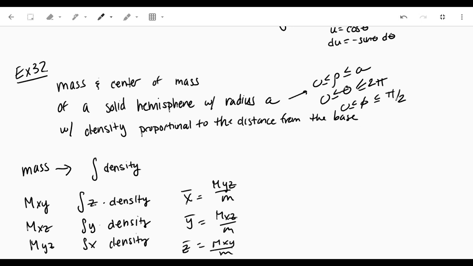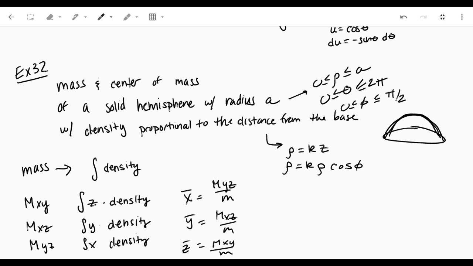So if we have a hemisphere, the distance any point is from the base would be its z coordinate. So the density is proportional to z, which would be proportional to rho cosine phi. I'm not going to use rho for density, I just realized that would be a bad idea. I'm just going to use a capital D for density.